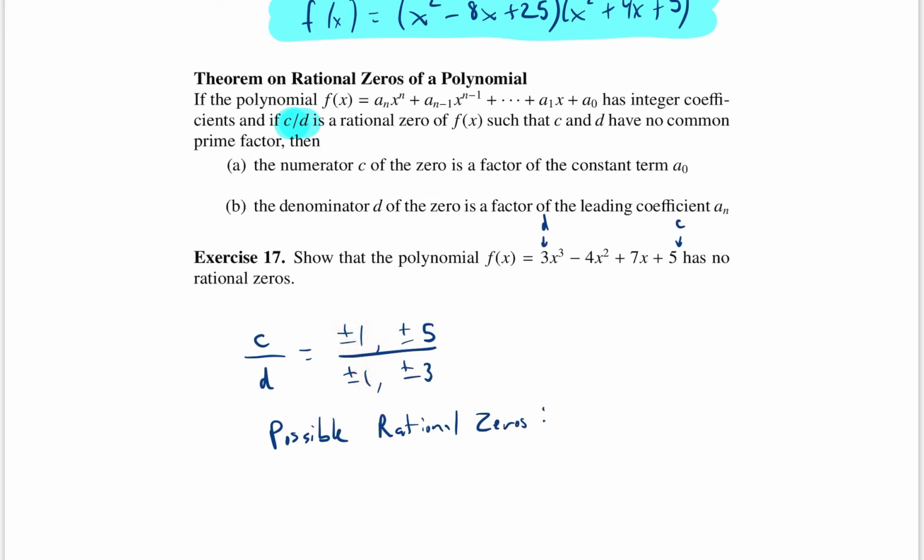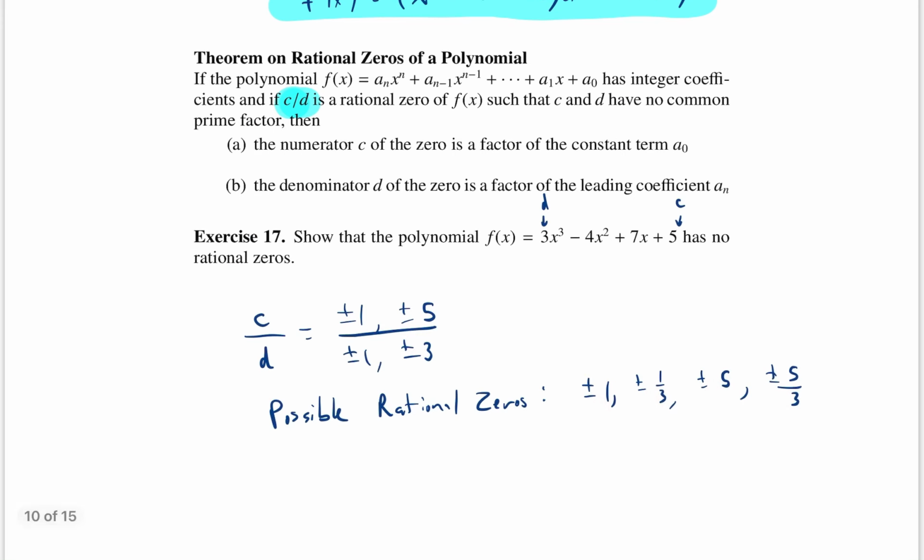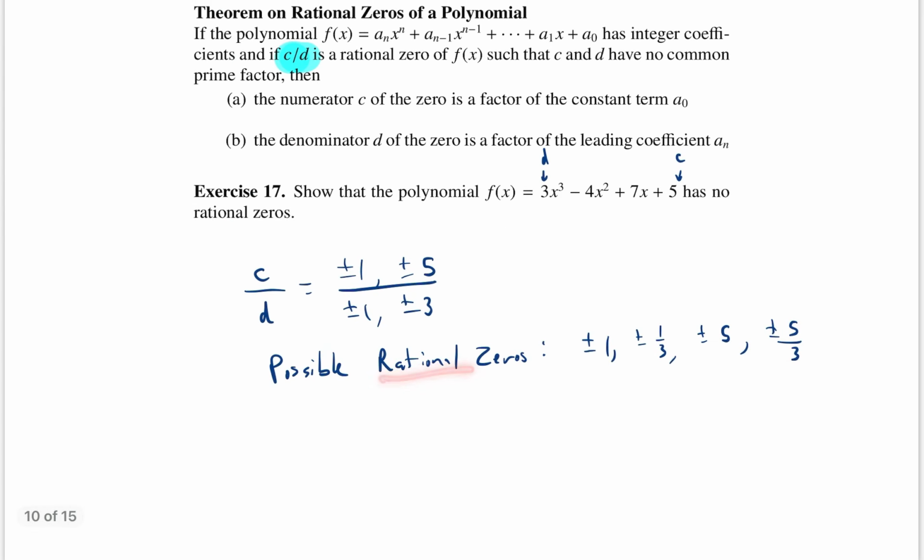So you can start off by plus or minus 1 over 1 or plus or minus 1 over 3, or you have plus or minus 5 over 1, or you have plus or minus 5 over 3. So it's any combination of this over this, or this over this, or that over that. So there's 2, 4, 6, 8 possible zeros that are rational.